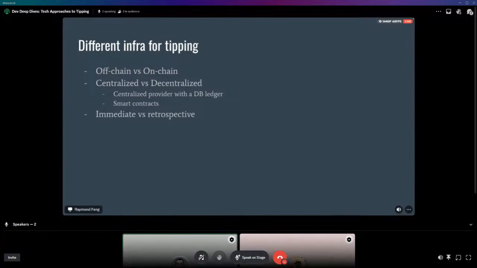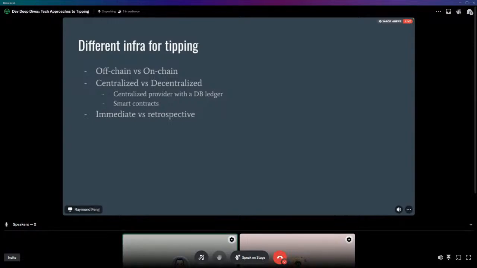Say, okay, A, now you have 100 Collab.Land tokens, and B has 0 Collab.Land tokens. When A wants to tip B with 5 Collab.Land tokens, the centralized provider will change the database record, saying, okay, now A has 95 and B has 5.